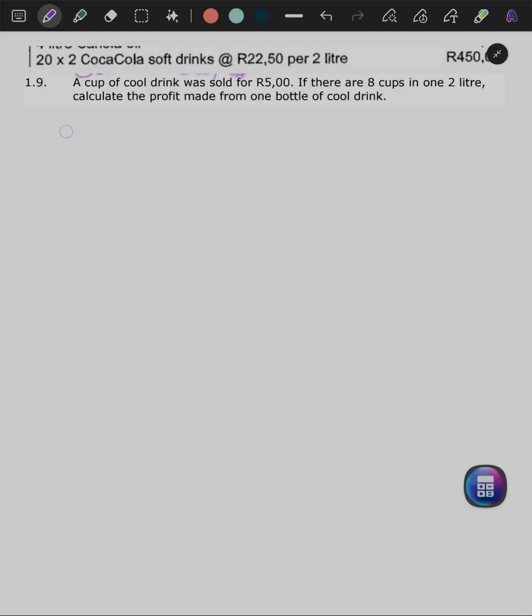So we know that our sales are going to be 5 Rand each, times by however many we are talking about, the quantity. Then they tell us there are 8 cups in 1 2-liter, and they want us to know what would be the profit made from 1 bottle.